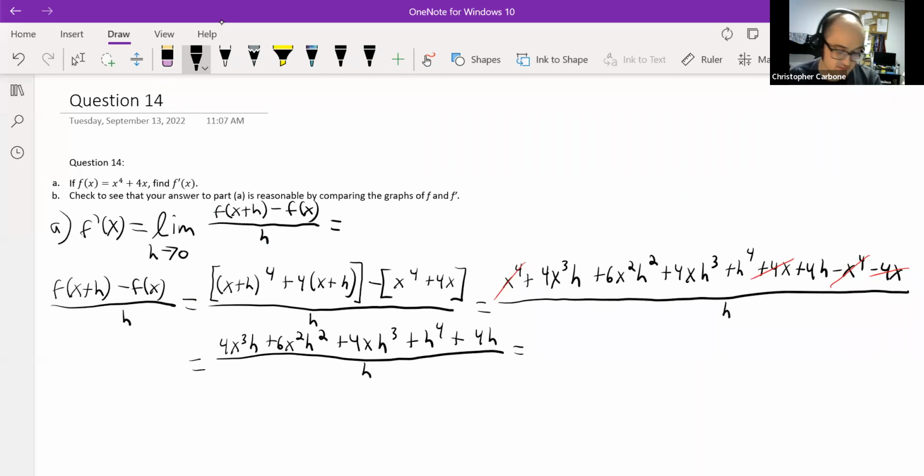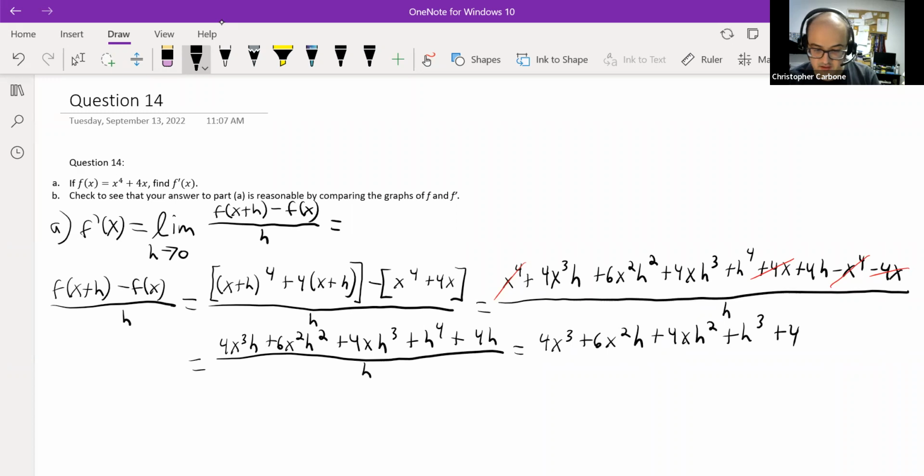And that leaves us with, when we divide by h, 4x cubed plus 6x squared times h plus 4x times h squared plus h cubed plus 4.